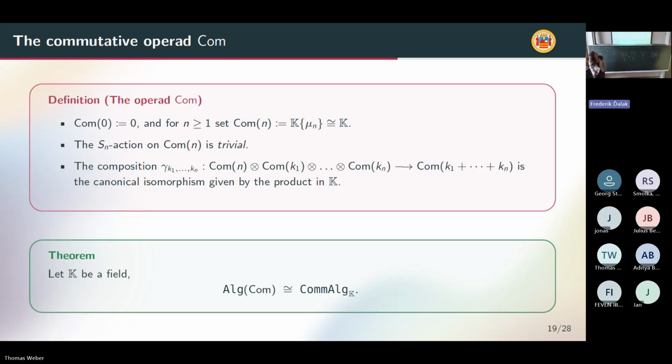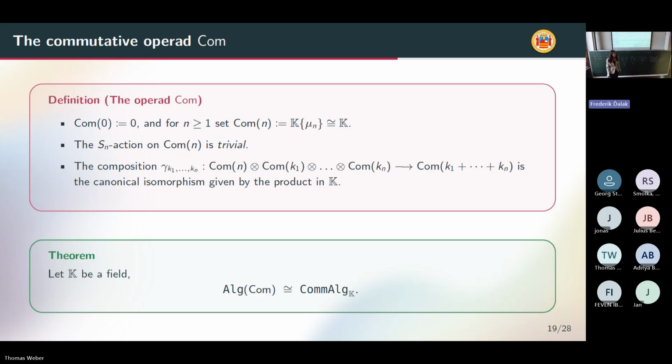Okay, so now we can meet the second operad, the Com operad. It is very, very similar to Ass, almost identical in its structure. But now we would like to enforce commutativity, and in order to do that, we need to define an action of the symmetric group, which now is the trivial one.